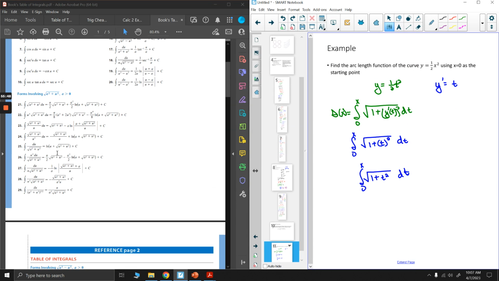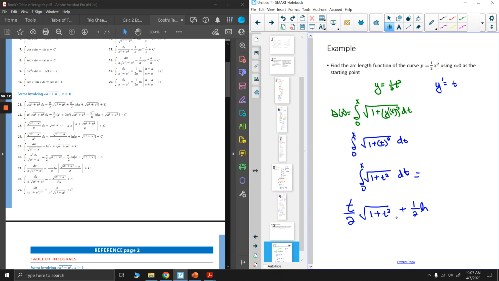All right. So that would be t over 2 times the square root of 1 plus t squared, plus a squared, that's just 1, over 2, natural log of u. A few things to note. This is literally just what we got done doing. This is a secant cubed problem.